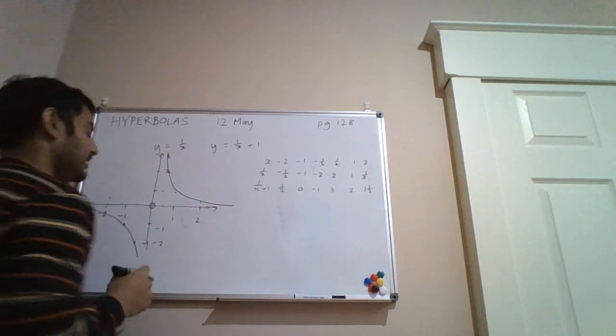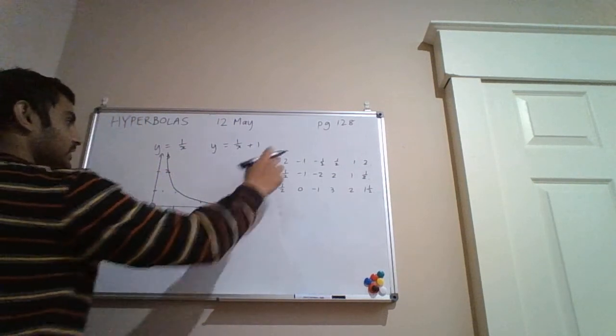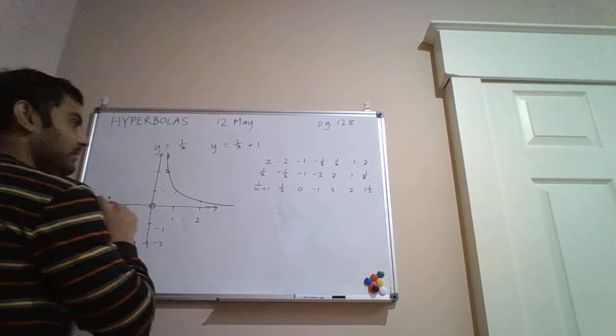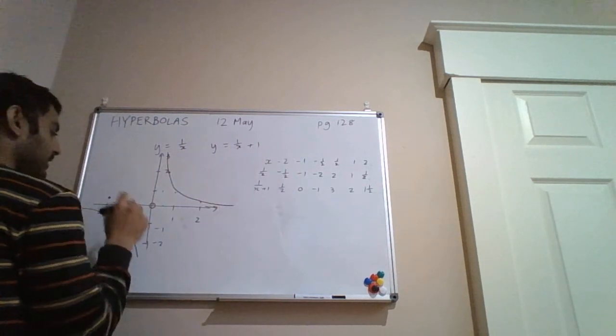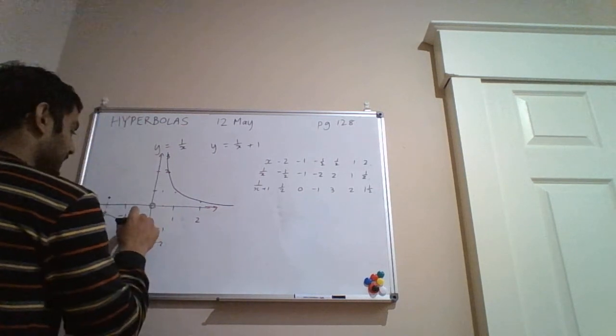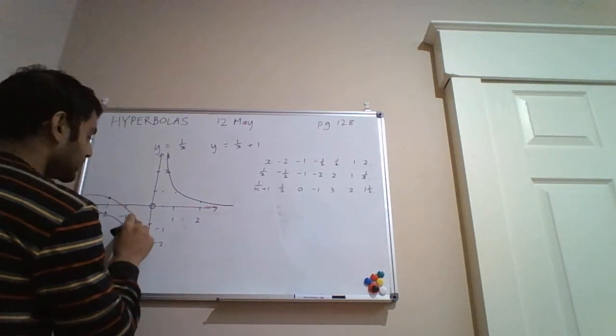All our y values get 1 bigger. So for the first value, x equals minus 2, y equals a half, minus 1, 0, and minus a half, minus 1. So it looks like this.